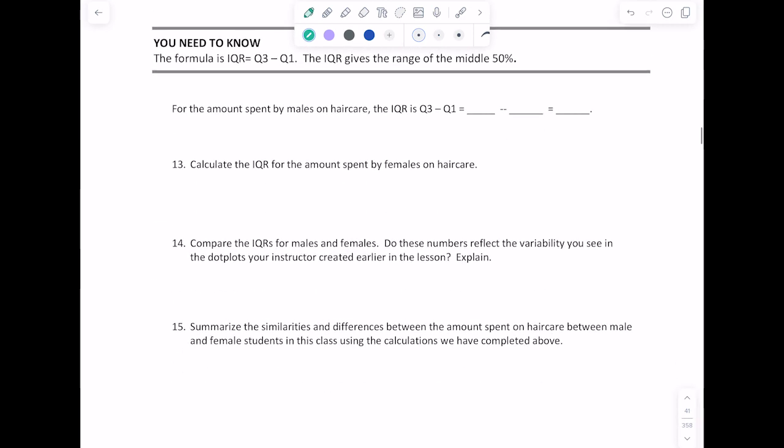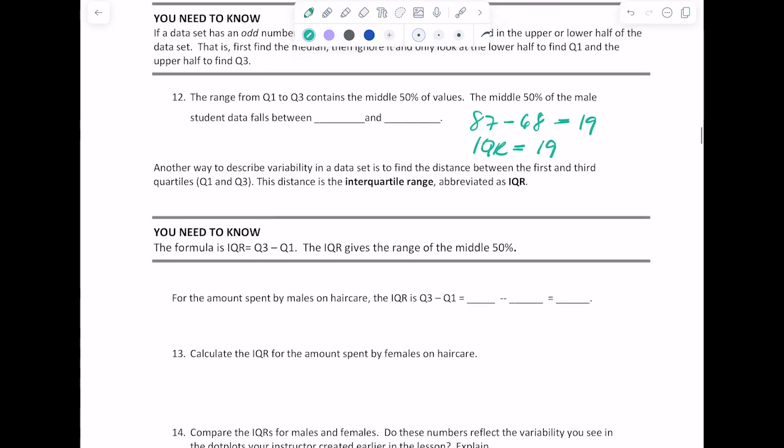One of the things that you want to think about is 19, is that a large number or a small number? If you consider it large, that means there's a lot of variability. It means that between the first and third quartiles there's a lot of change in the test scores. If you consider 19 to be a small number, then there's not a lot of variability between the two quartiles.